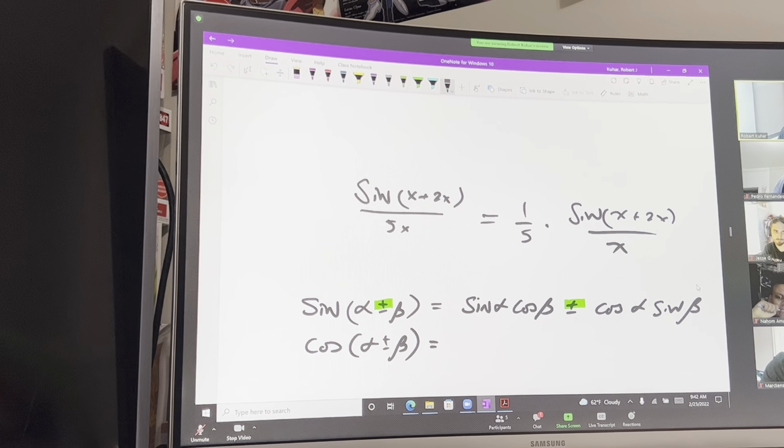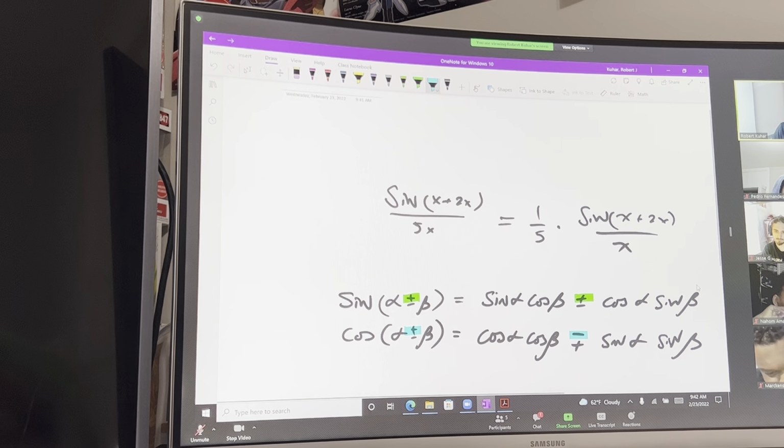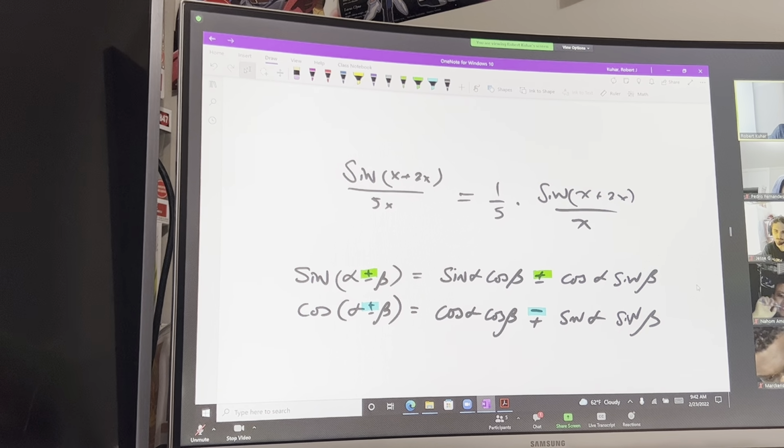And this one is cos alpha cos beta minus or plus sine alpha sine beta. If I use the plus here, I use the minus here. Those are identities from pre-cal, and it's basically the only way you can simplify this.